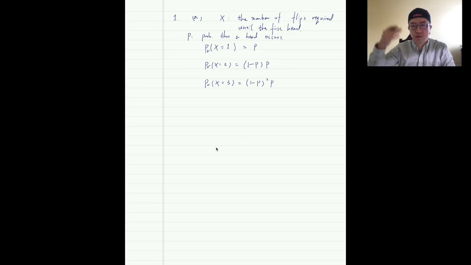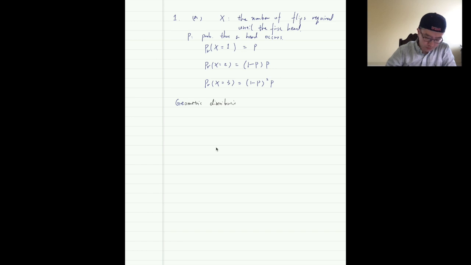You can see the trend here: this is basically a geometric distribution. In other words, the probability that X equals n is P times (1 minus P) to the power of n minus 1. That's the probability distribution of X.